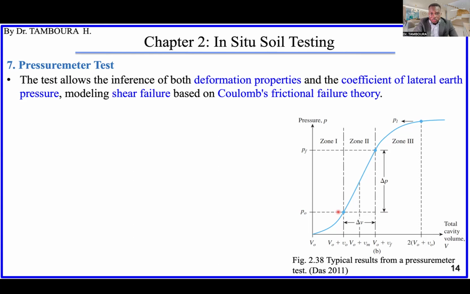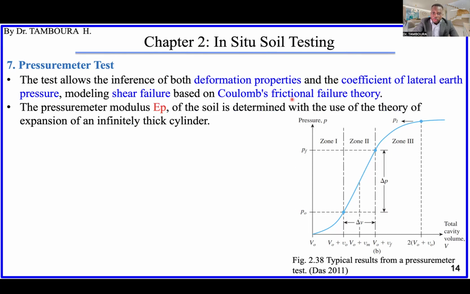The test allows us to get both the formation properties and the coefficient of lateral earth pressure, modeling the shear failure based on the Coulomb friction failure theory.